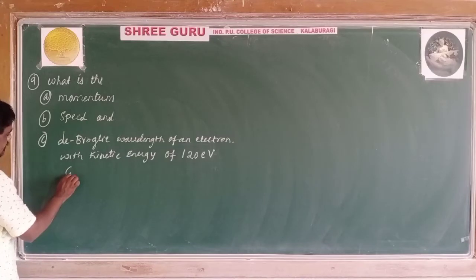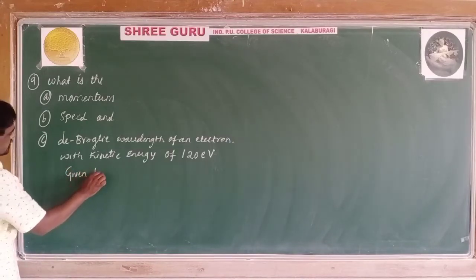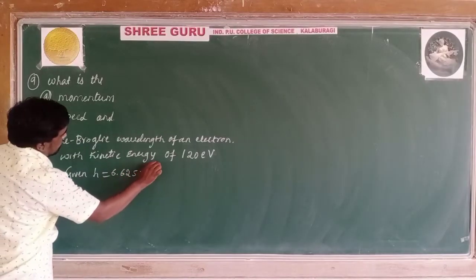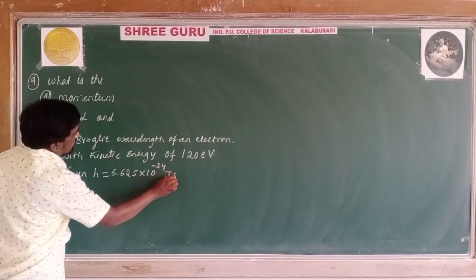Given is h is equal to 6.625 into 10 raised to minus 34 joule second.